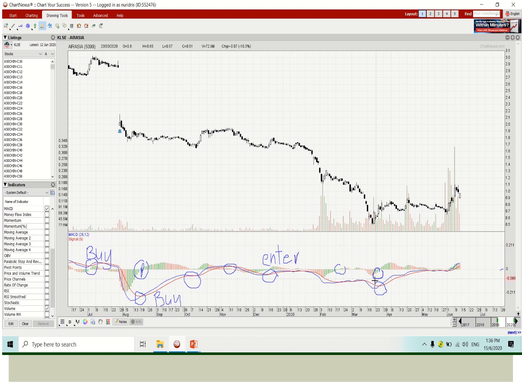Sorry, this is not enter, this is sell. It is not a signal for enter or buy, but actually a signal for sell. In other words, this is an exit strategy.